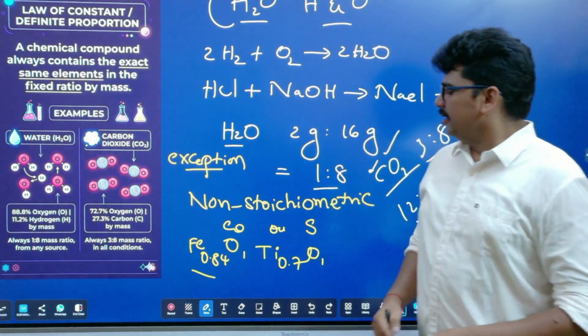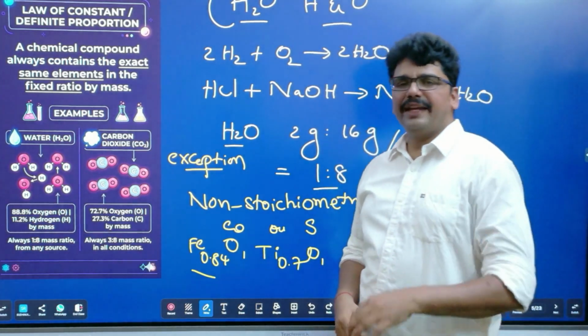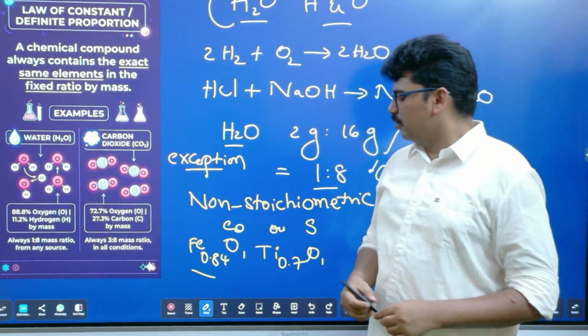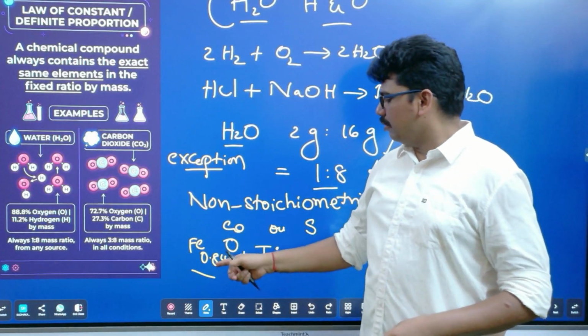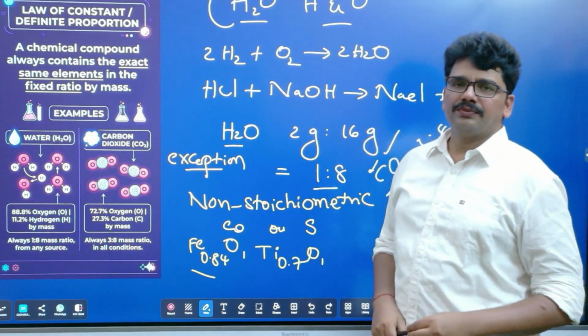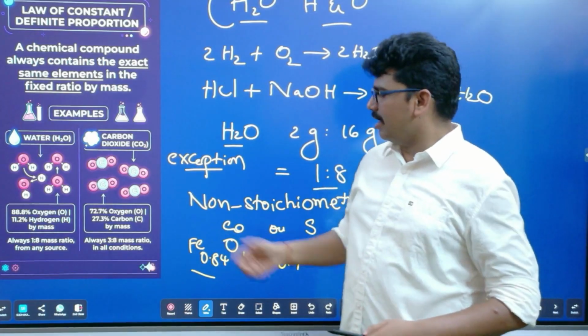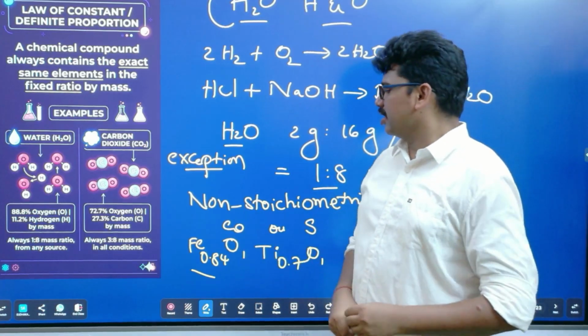See the example, Fe0.84O. Generally ferrous oxide is FeO, ferric oxide is what? Fe2O3, right? But here what is the composition? 0.84 and 1. So the compounds with this fractional composition are non-stoichiometric compounds.